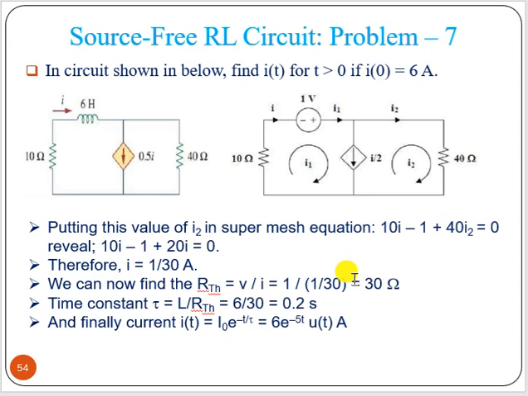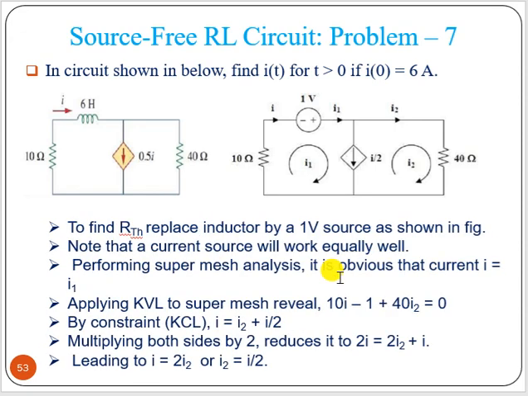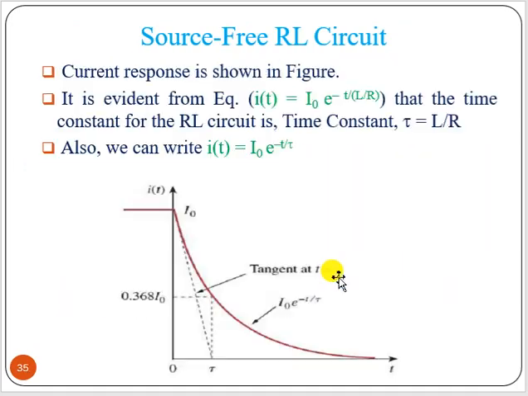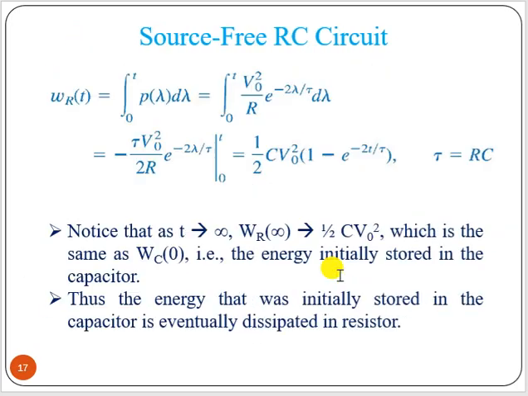The expression is nothing but v(t) equal to V0 initial value times e to the power minus t by tau, where tau for the RC circuit is tau equal to R into C. For the inductor, the current equation is i(t) equal to i(0) initial value into e to the power minus t by tau, where tau is the time constant, which is equal to L by R for the RL circuit. Okay. So these are the main points that you have to remember for this DC transient analysis, and this is for source free circuits only.